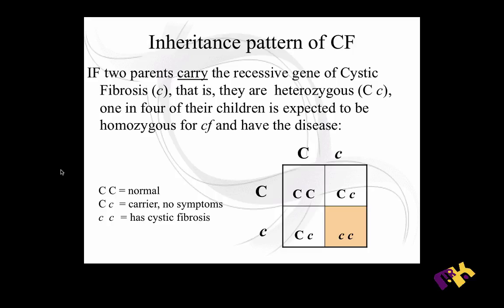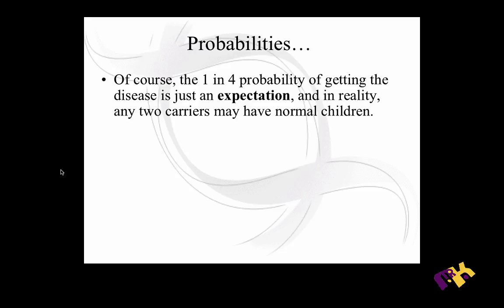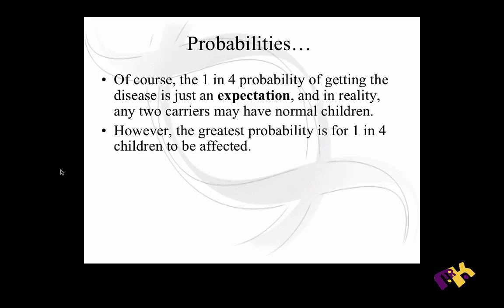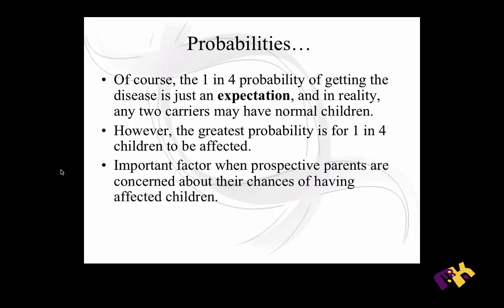Now, remember that these are just probabilities. So consider the fact that there's no guarantee. This is simply an expectation, and it's really the highest probability or frequency of it to occur, at least for this autosomal recessive disease or disorder.